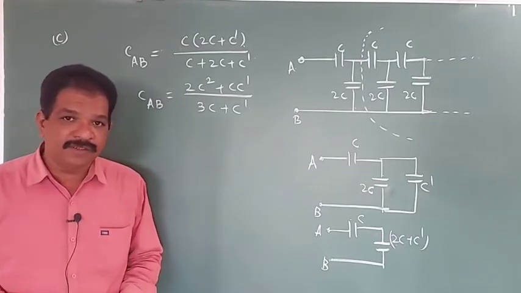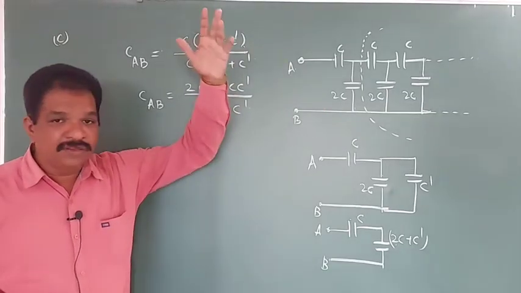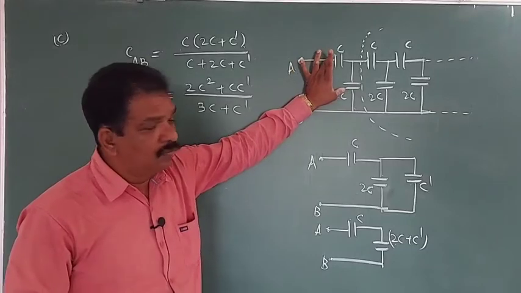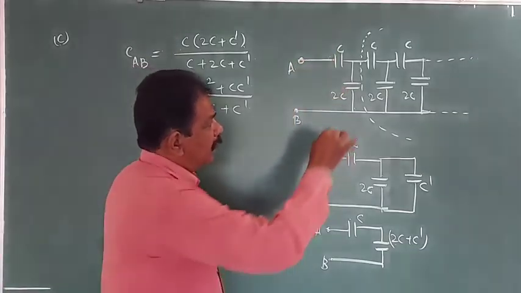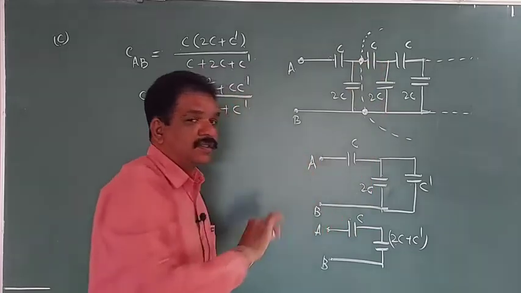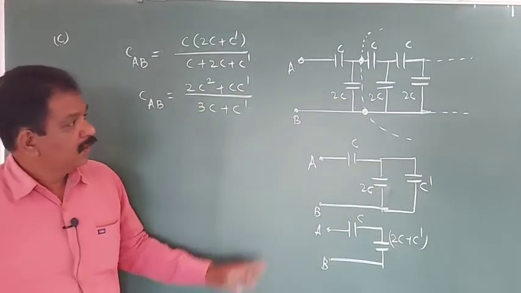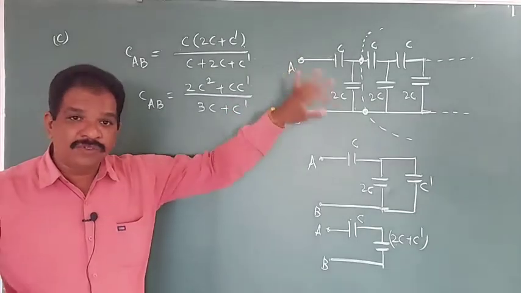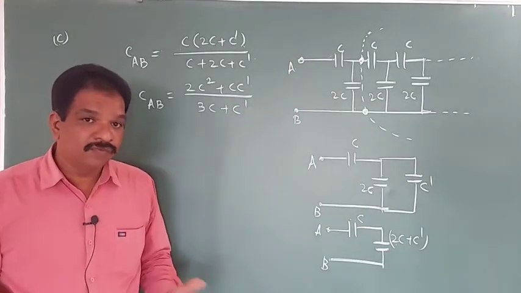Is the point clear? In that infinite circuit, I removed only these two and I am assuming the effective capacity between this is C dash. Then CAB is almost equal to C dash. Why?